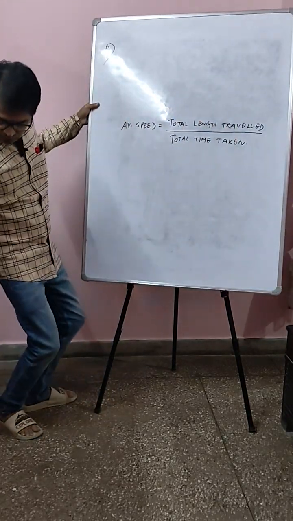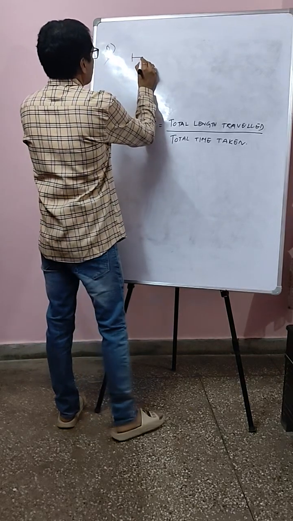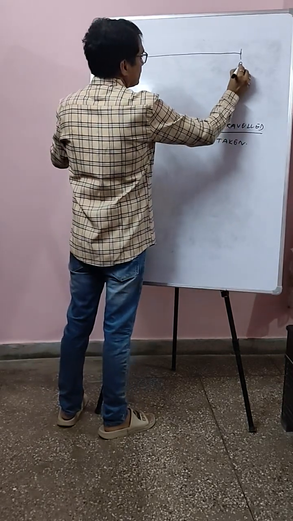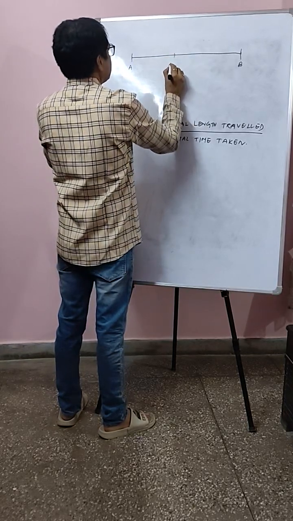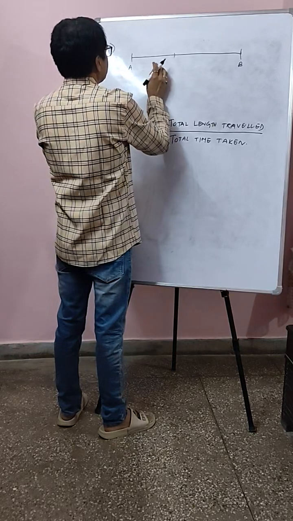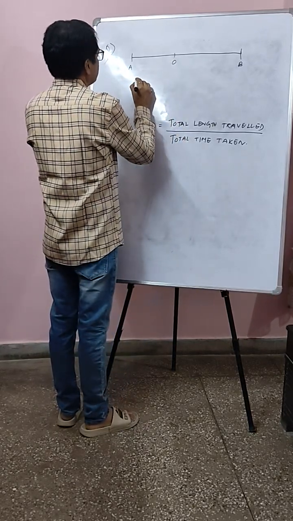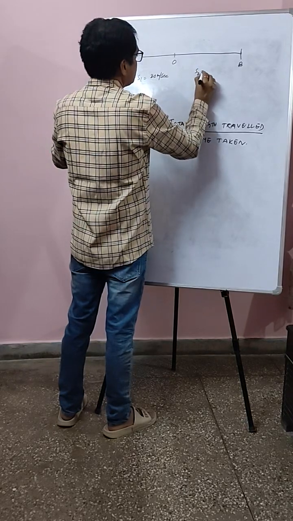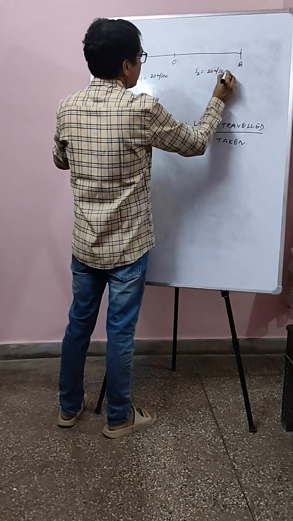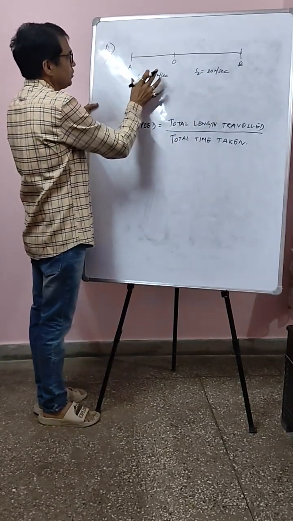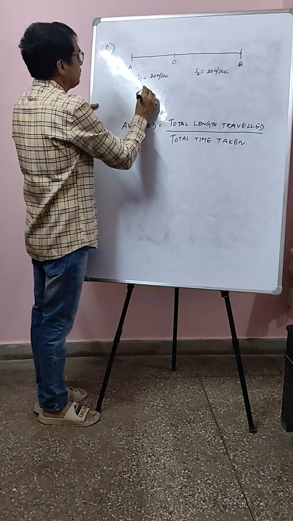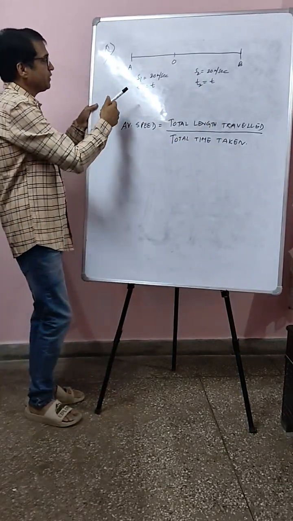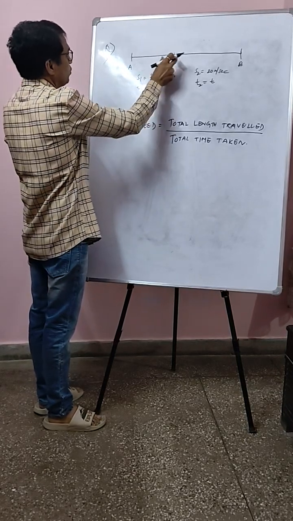Now, this is A, this is B, and this is the first half time, T. This is O. First half time he goes with speed S1 equals 20 meter per second, and second half time with S2 equals 60 meter per second. The time taken to travel AO and OB is the same, so T1 equals T and T2 equals T. Now we have to find in this time T the value of AO and the value of OB.